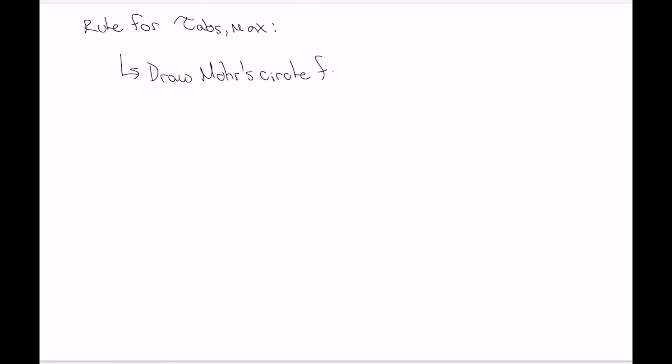Okay, so the rule for tau abs max. So we draw Mohr's circle for our normal in-plane element.